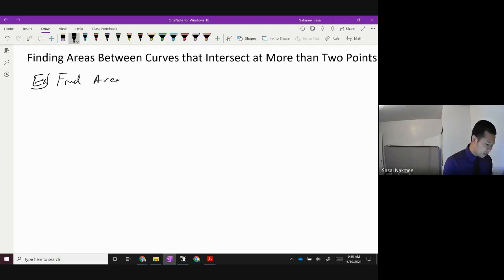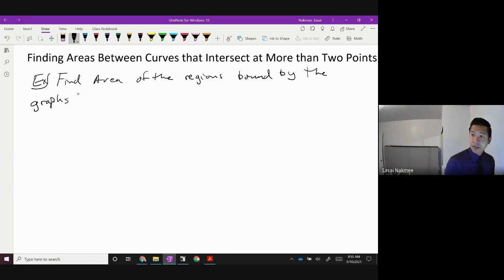the area of the regions bound by the graphs of, and let's go here, we got f of x, and f of x is going to equal 3x cubed minus x squared minus 10x, and g of x is going to equal negative x squared plus 2x.